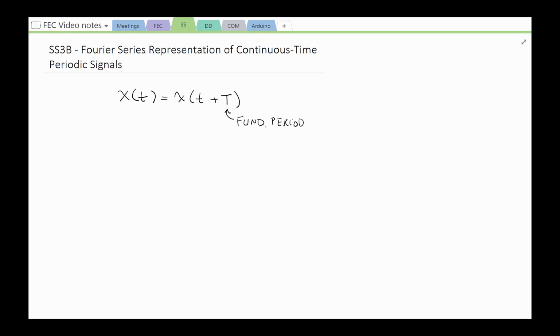The most common signal we usually think about when we hear periodic signal is cosine of the general form k omega 0 t. We might even have a phase shift attached to it, but for now let's stick to this, where k is just an integer that can go from minus infinity to infinity.